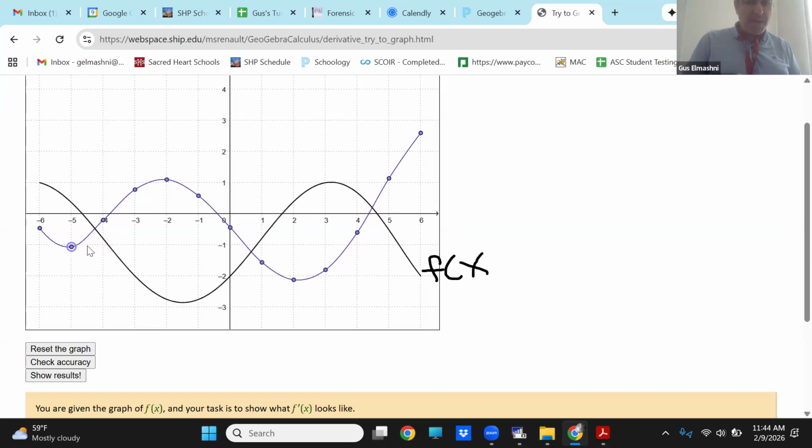At -4, it's probably still about the same, maybe a tad steeper. At -3, it's probably more like -1 or a little less. At -2, it's negative but kind of shallow, probably like -1/2.